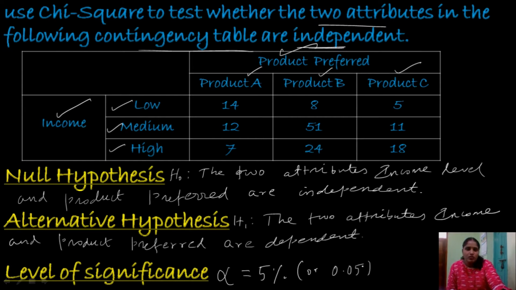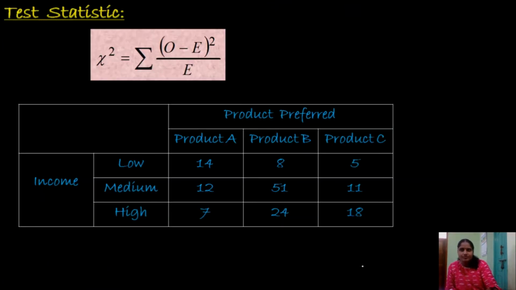Next we move on to the test statistic. Under the null hypothesis H naught, the test statistic is chi-square is equal to sigma observed minus expected the whole square over E. Here O represents observed frequency and E represents expected frequency.